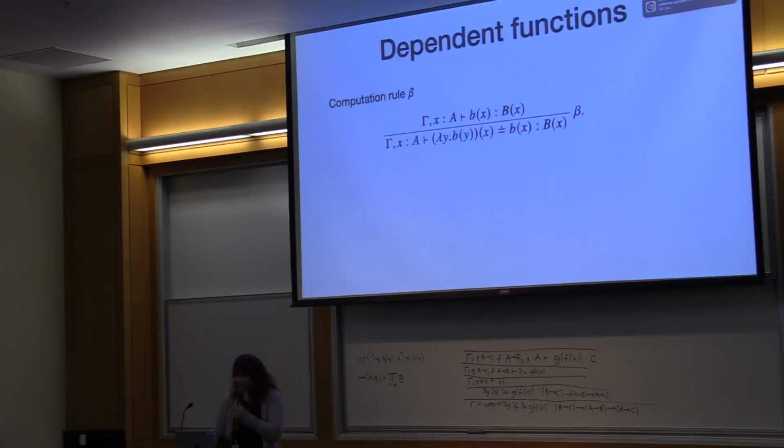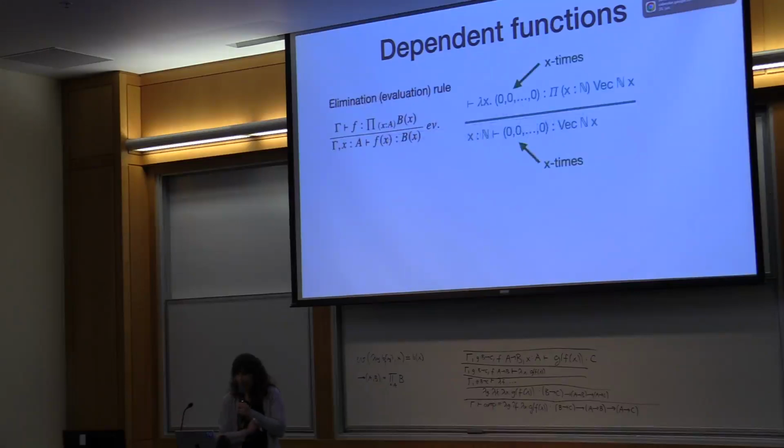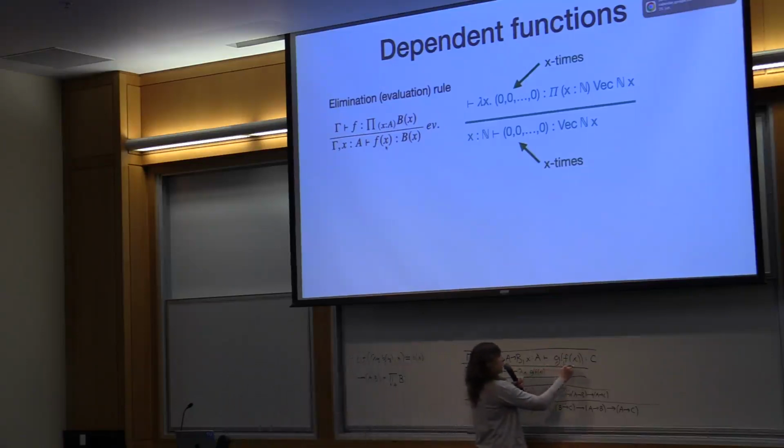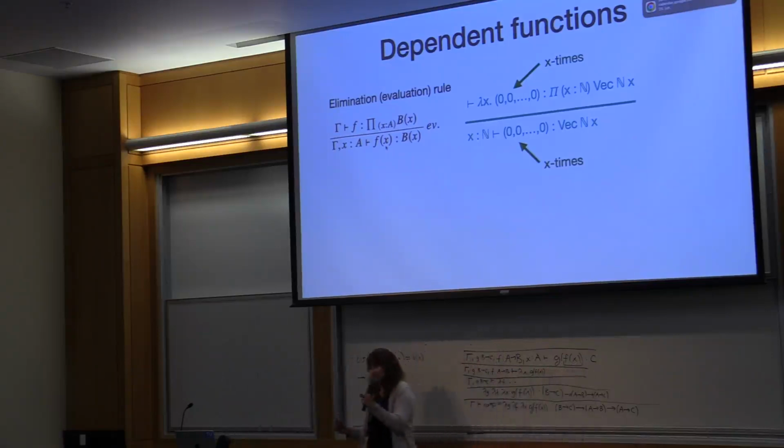What is the evaluation rule? So I have to say that f, yeah, I can't really write evaluation, can I? Because for evaluation, here has to be a variable, and here I don't have a variable, I have a term. I have a composite term, it's f of x.